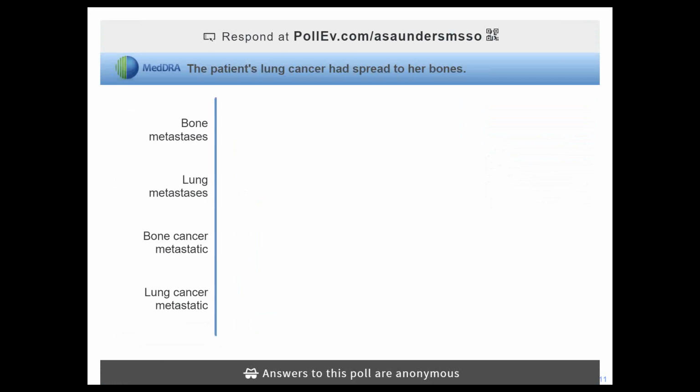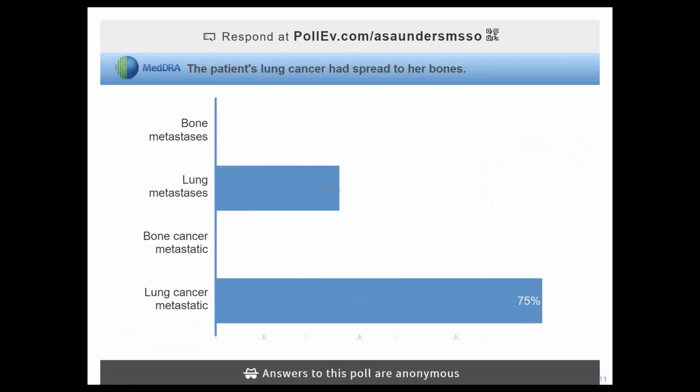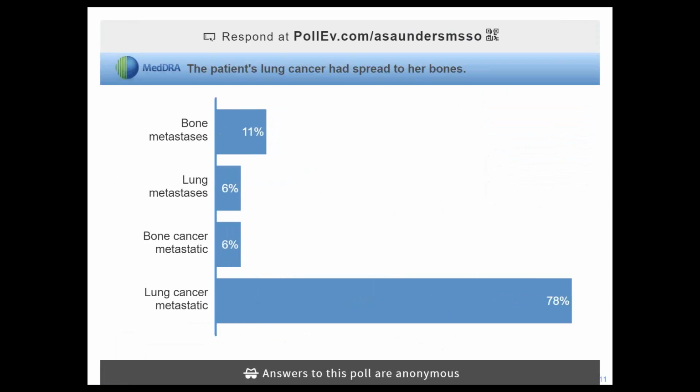All right. In this example, the verbatim text is the patient's lung cancer had spread to her bones. What would be the most appropriate choice here?